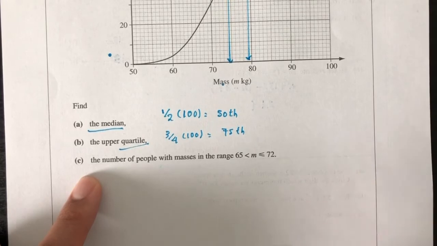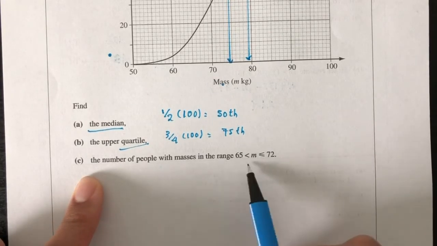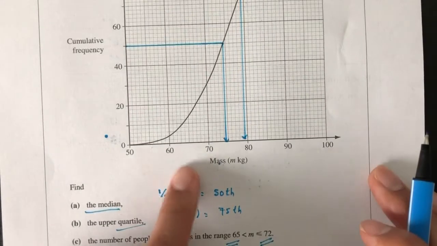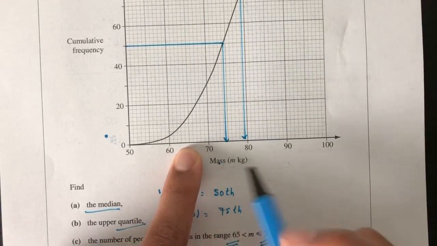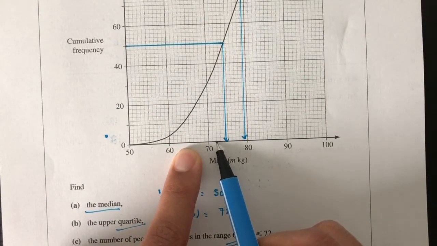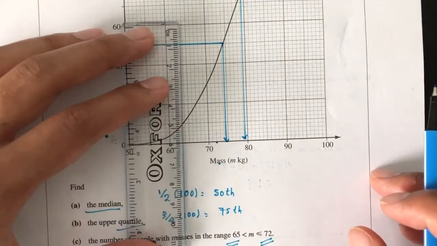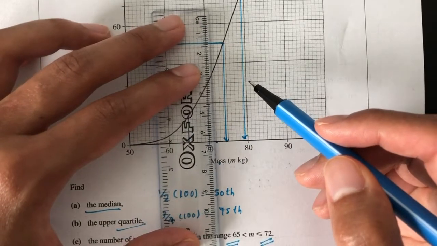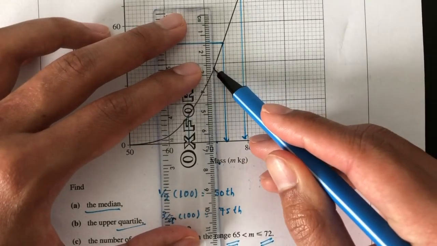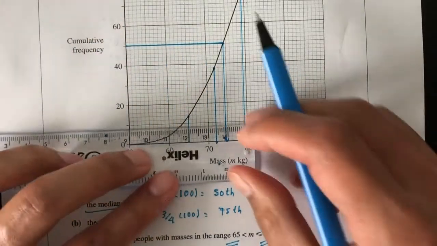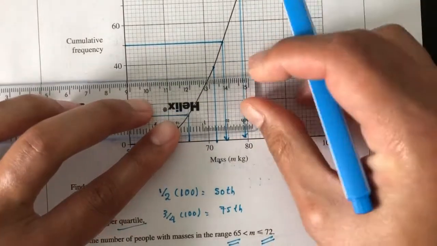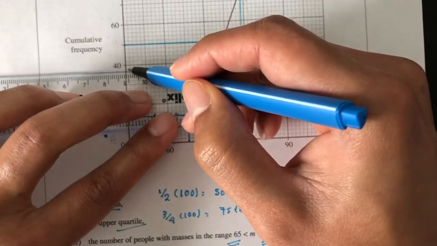Now this one is find the number of people with masses in the range of 65 and 72. So 65 is there, 72 is here. So let's draw lines and see how many people are between those two. That's the first line, and that's the other line. First one is this one. The other one will be this one.